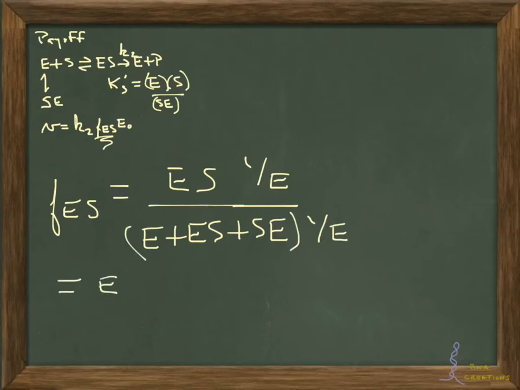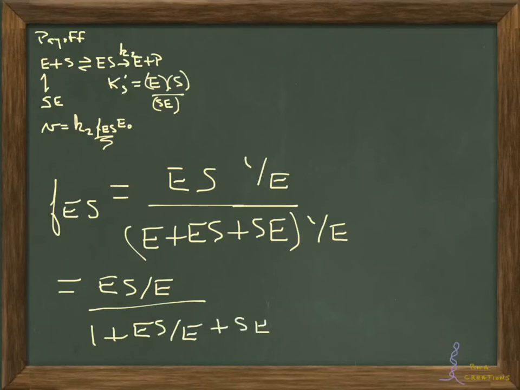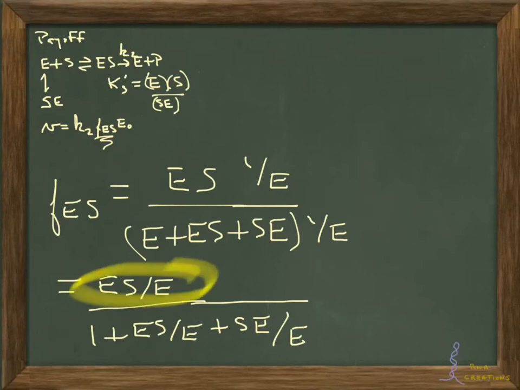And I'm going to end up with ES over E divided by 1 plus ES over E plus SE over E. And it's always the case that the term in the numerator is one of the terms in the denominator. Okay, it's one of the species in the partition function.